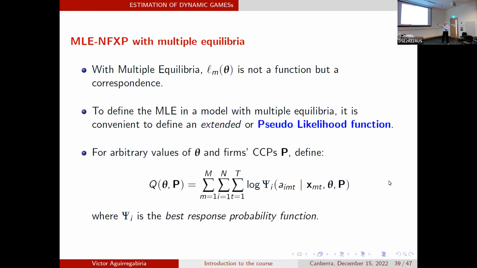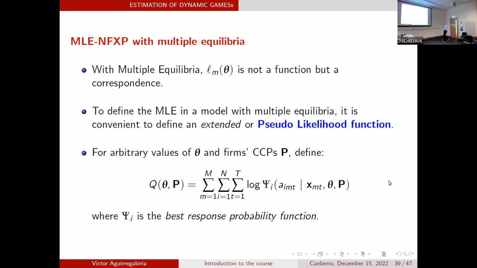And these choice probabilities, these psi probabilities, are the best responses, the optimal behavior of an agent, given these structural parameters and his beliefs about how he is going to behave in the future, okay?